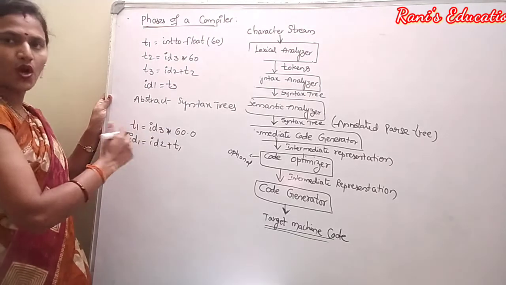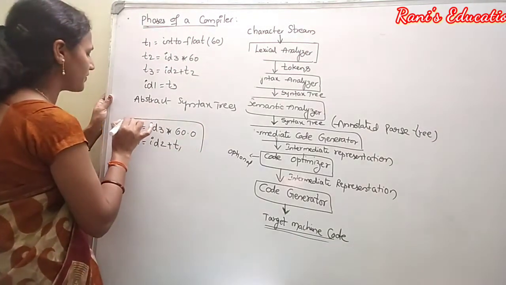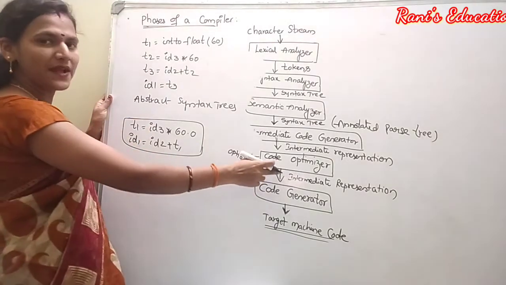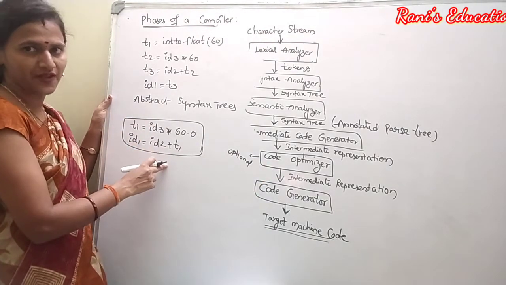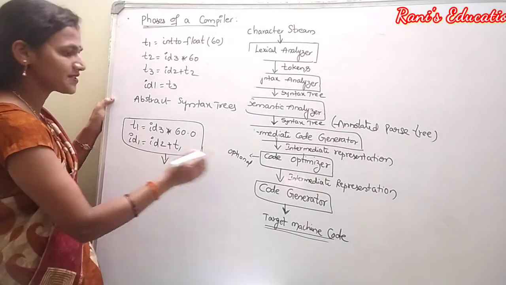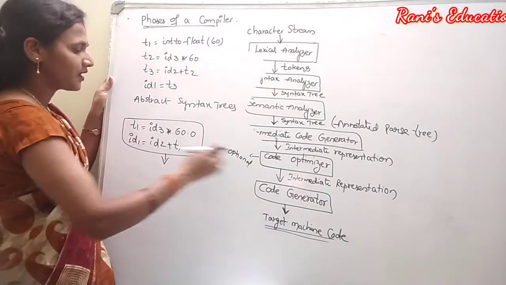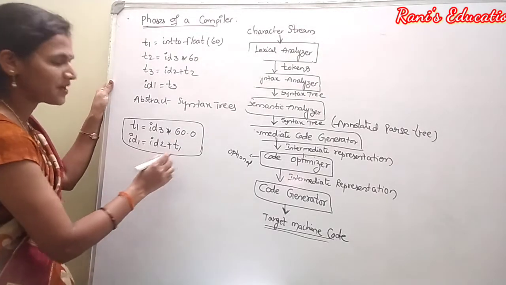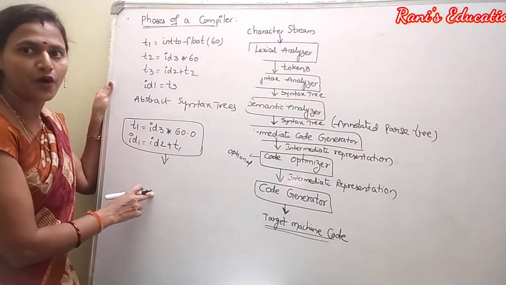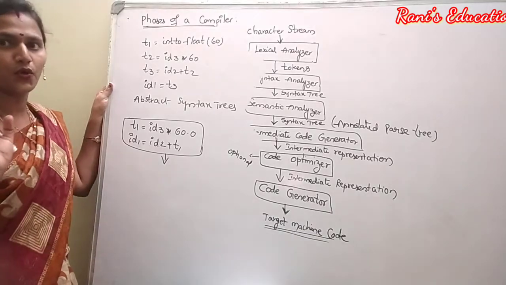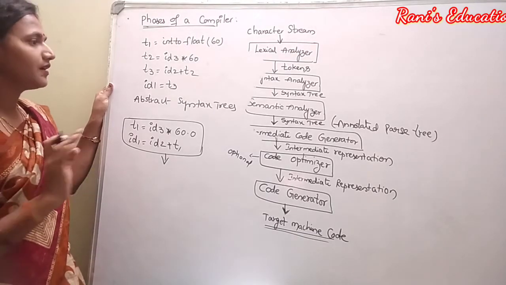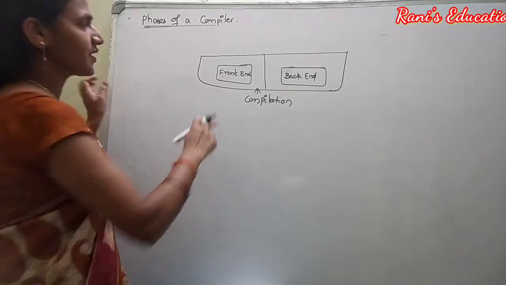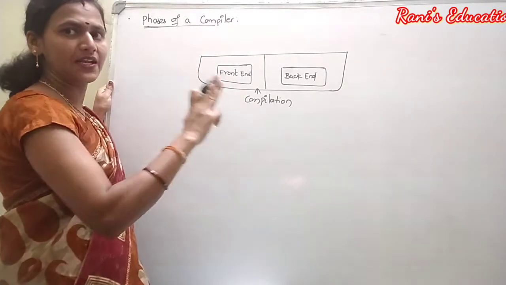So this is also optimized code, which is done with the help of the machine independent code optimizer phase. Then this code is going to be sent to the code generator phase. Here in the code generator phase, the required target machine code is going to be defined in the form of registers and memory locations.